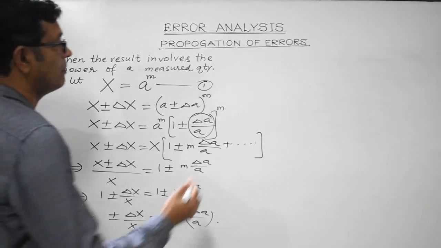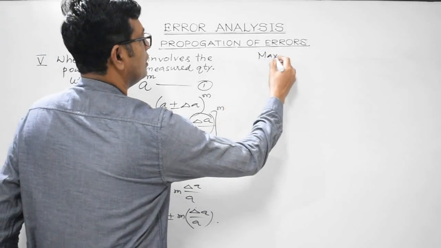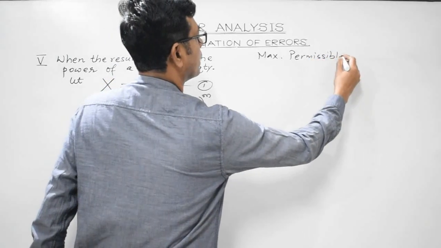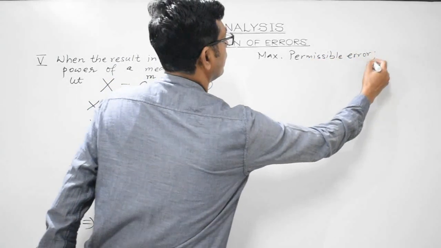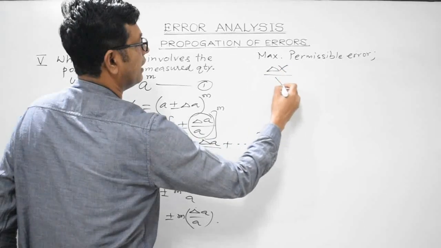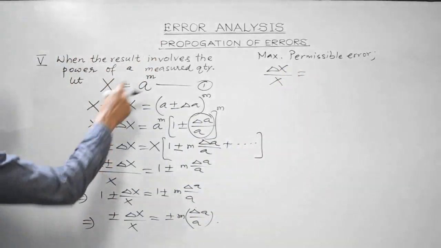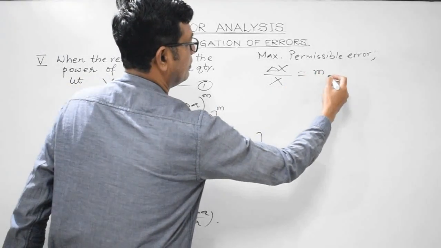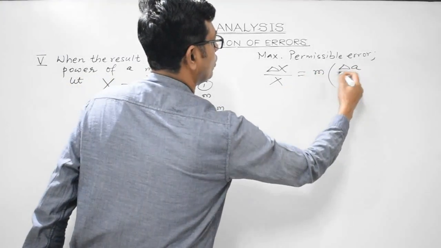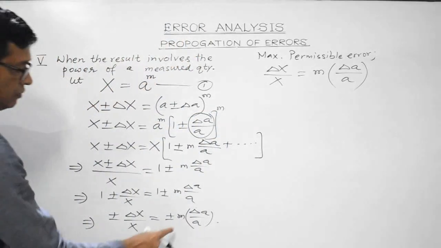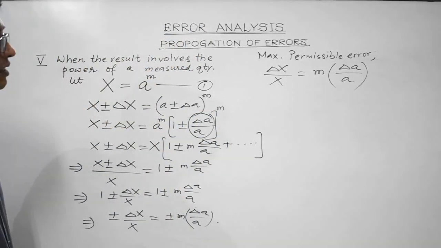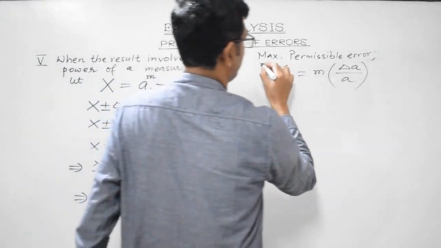So, taking maximum permissible error, we get del x by x is equal to whatever the power is, m times the absolute error in the measured value. M is the power of this measured quantity, that is a, right? So this is the conclusion.